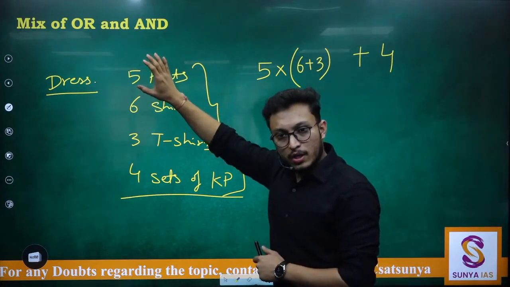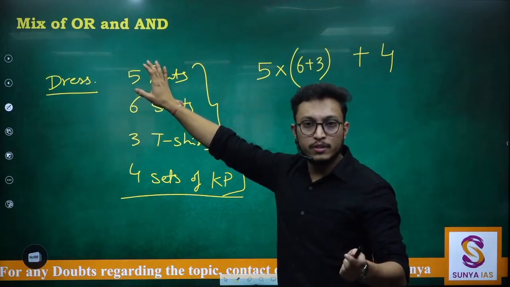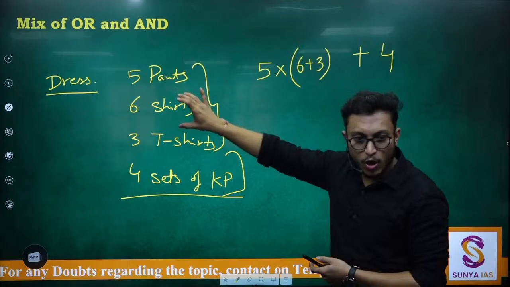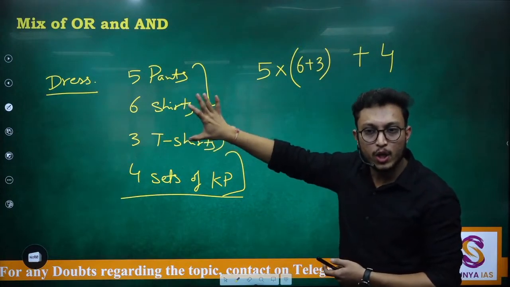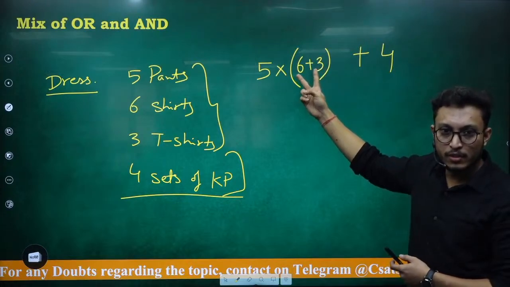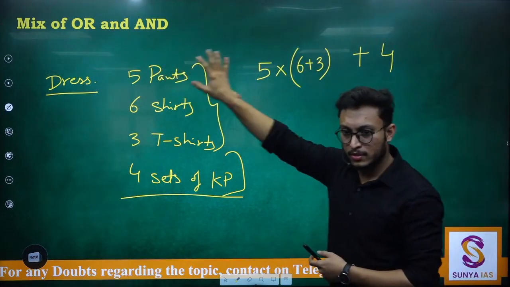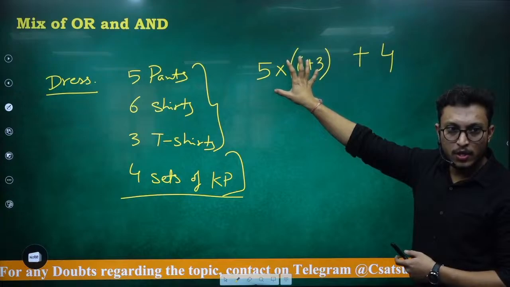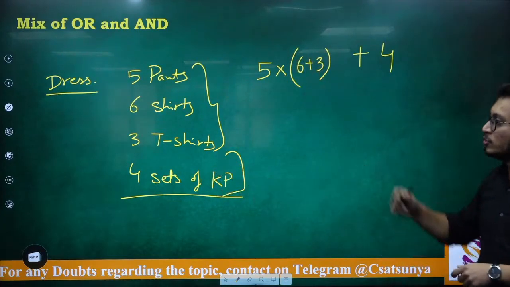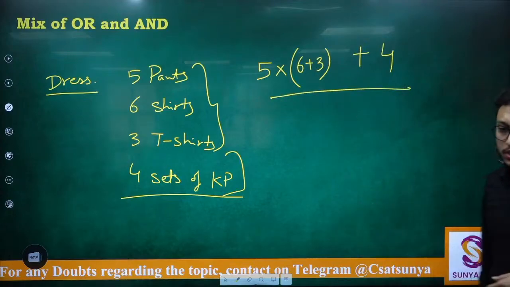Either you will wear a pant along with a shirt or a t-shirt. So along with shirt or t-shirt, you have 9 different combinations here. You will pair them with a pant, in total these many, or you will wear a set of kurta pajama. So in total you can have these many different clothings.